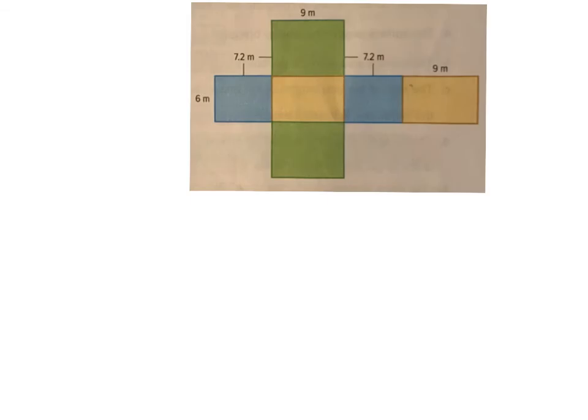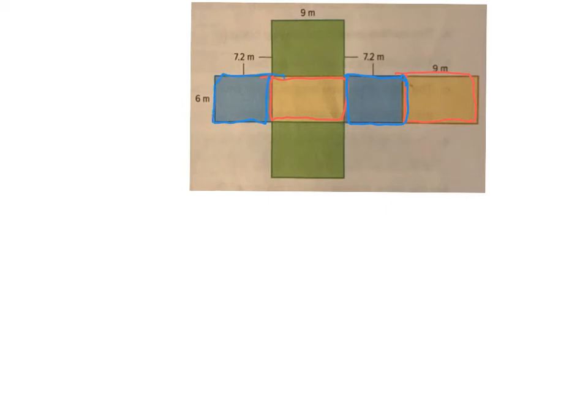This first one is a shape that's opened up. And we can kind of tell by the colors the opposing sides. So if it's put together, this yellow, the opposite side of it would be this yellow. And then when you put it together, this blue is going to be the opposite of this blue.